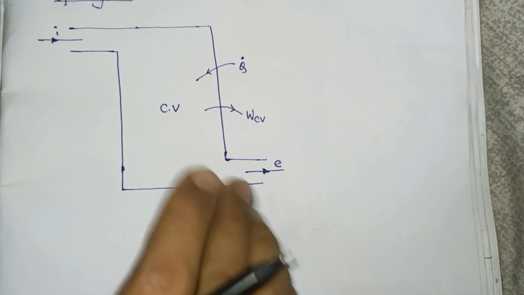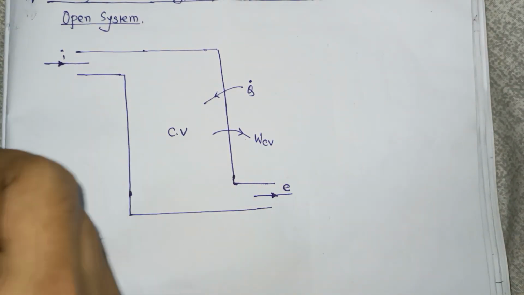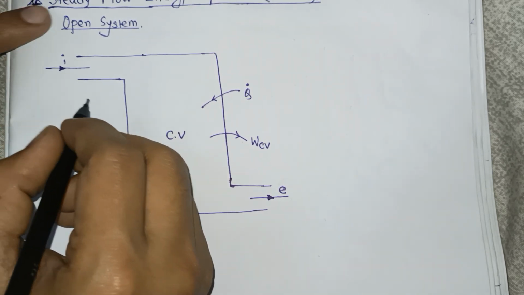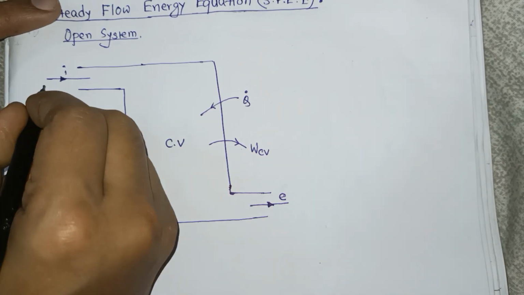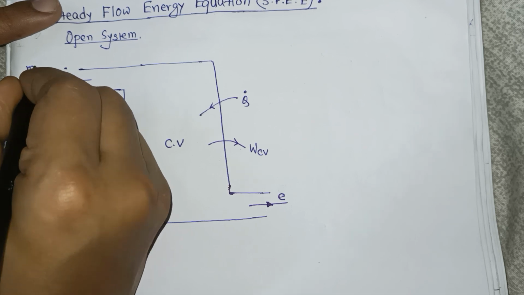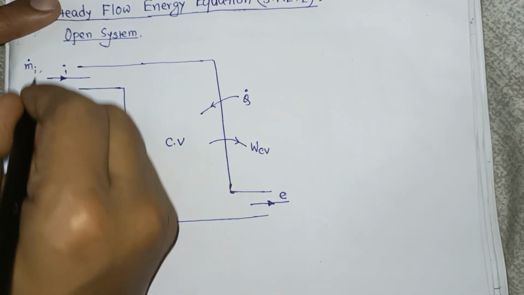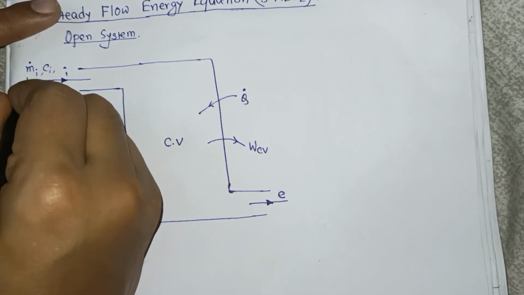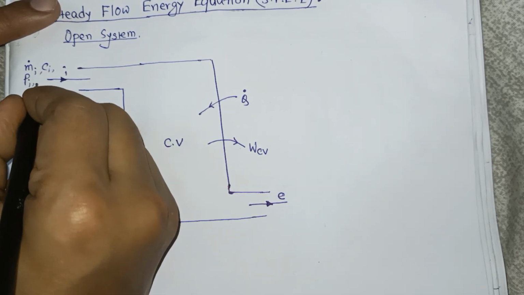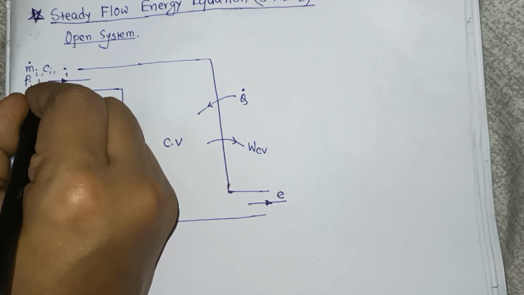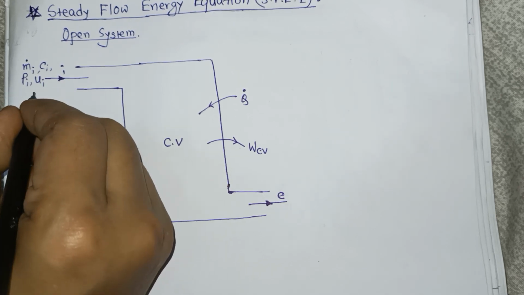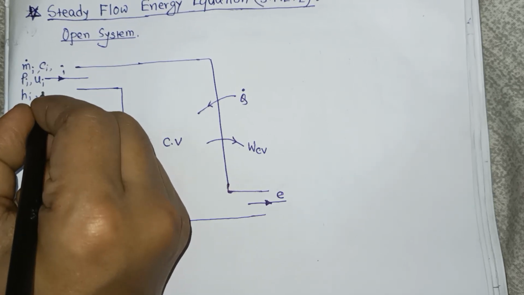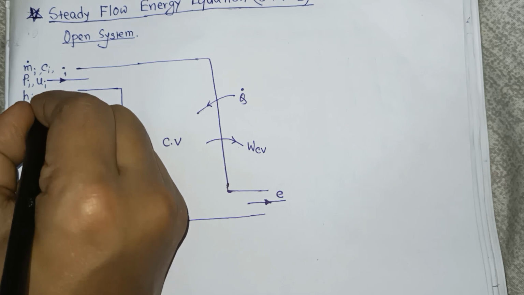Now suppose at the inlet there is an inlet mass flow rate, m dot i, velocity Ci, inlet pressure Pi, inlet specific internal energy Ui, inlet specific enthalpy Hi, and inlet specific volume Vi.